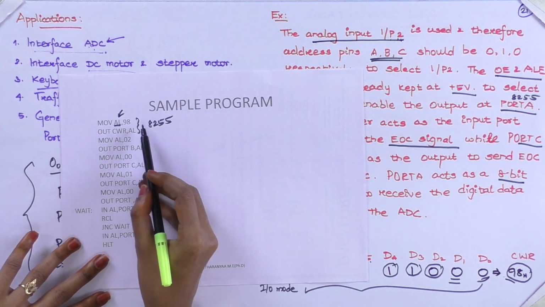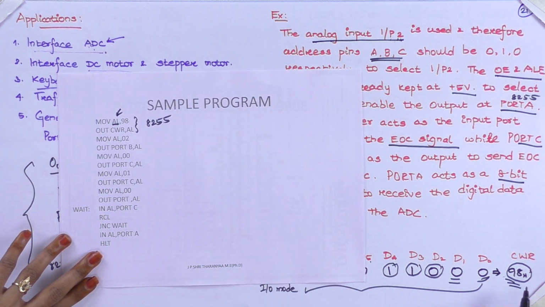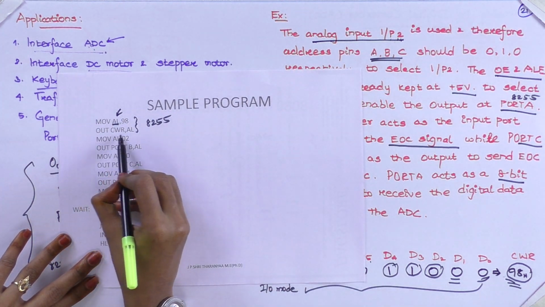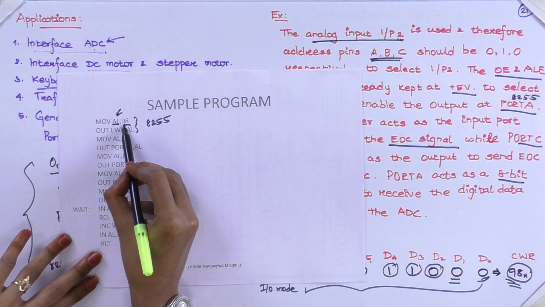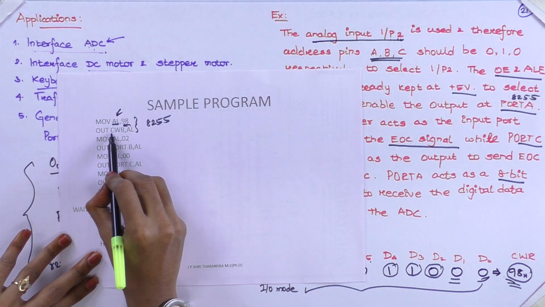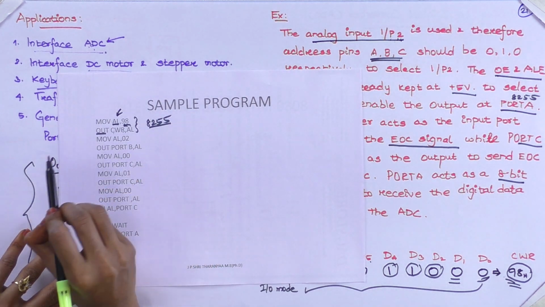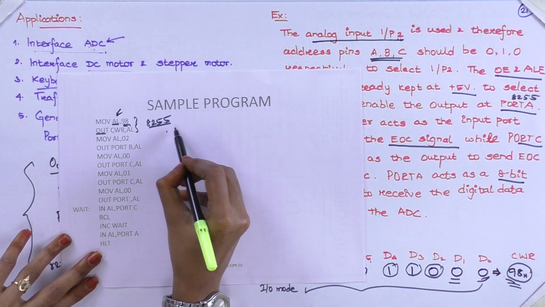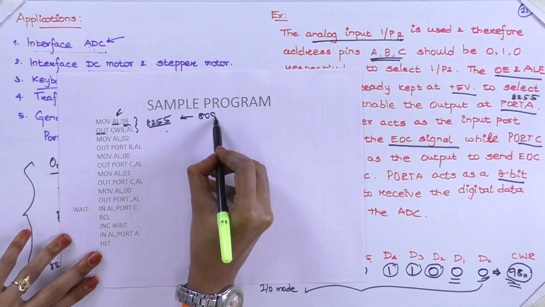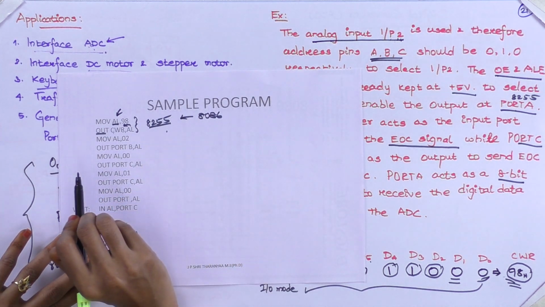So this 98 is nothing but the configuration value. That is given to the AL register. From AL it is given to the CWR, which is the control word register of the 8255, using the OUT instruction. You are giving data from the 8086 and configuring this 8255.